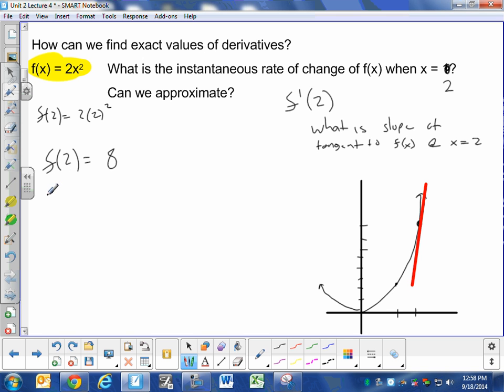So let's say f of 2.000001. Oh, maybe that's why I changed it to 1. Yeah, should we go back to 1? Let's go back to 1.